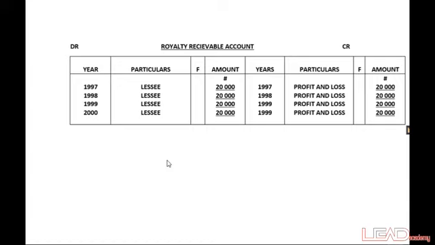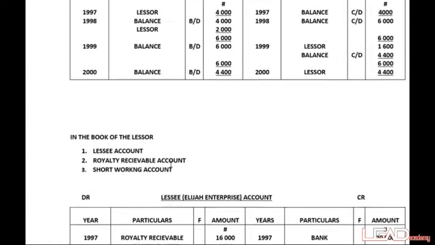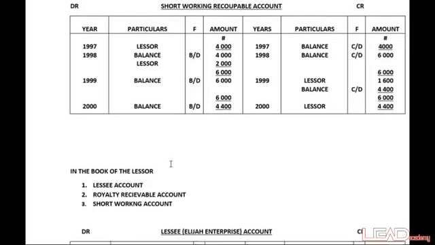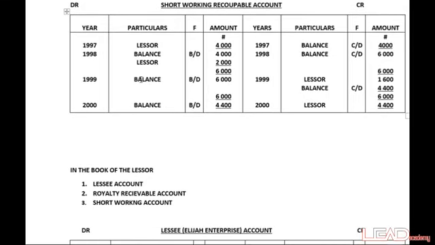So the next thing to do now is to create the last account, which is our short workings account, which I said is the opposite of this. Everything here will go to the debit side, while all the items in the debit side will go to the credit side. So the short workings will no longer be short workings recoupable account, it's going to be short workings account since we are working with short workings account.